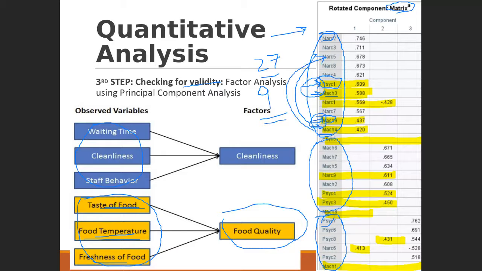So your respondents are not able to differentiate between those questions which measure narcissism and those questions which measure Machiavellianism. Now, this shows that this is a trouble.